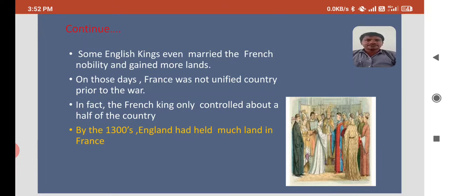In those days, France was not a unified country prior to the war. In fact, the French king only controlled about half of the country. By the 1300s, England had held much land in France.